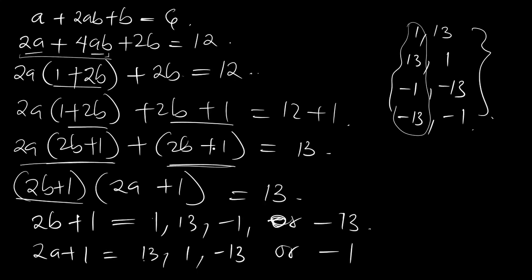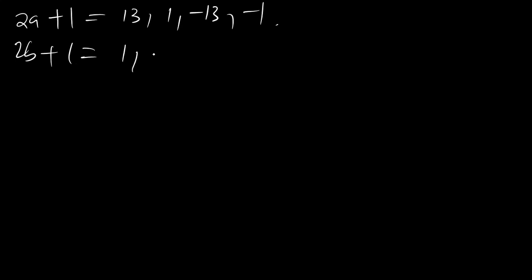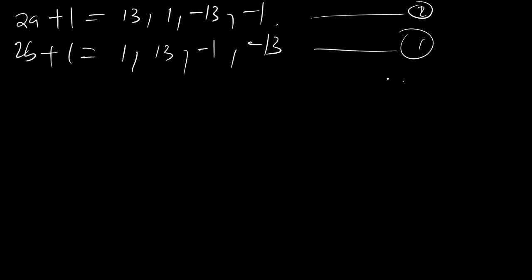So we have gotten two equations, equation 1 and equation 2. We have 2a plus 1 equal to 13, 1, minus 13, minus 1, and 2b plus 1 equal to 1, 13, minus 1, minus 13.